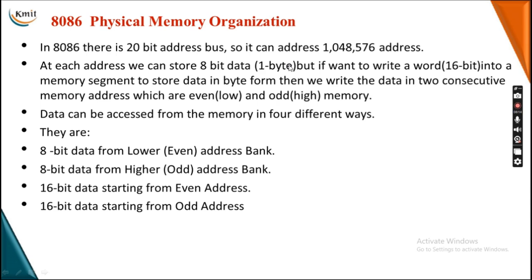Data can be accessed from the memory in 4 different ways. So what are the 4 different ways how the data can be accessed from the memory? First, if we have 8-bit data, we can take the 8-bit data from our lower order address bank or higher order address bank.